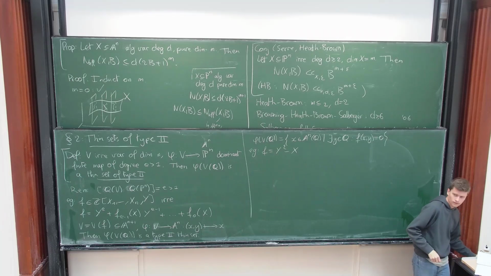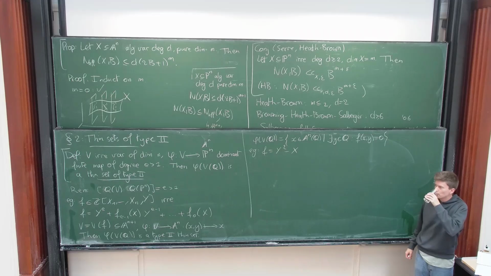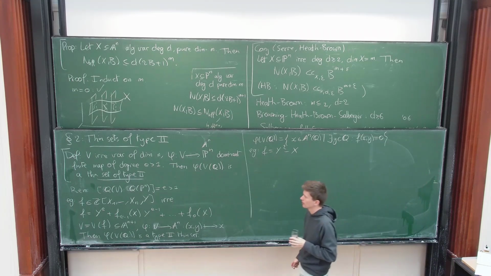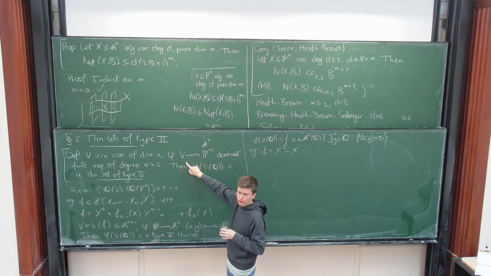Does this also work if you take f to have more y's, like y1 up to yk, or does it then break? But then the dimension of V will be too large.